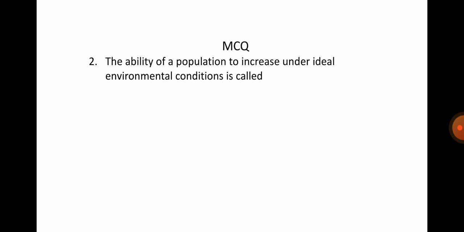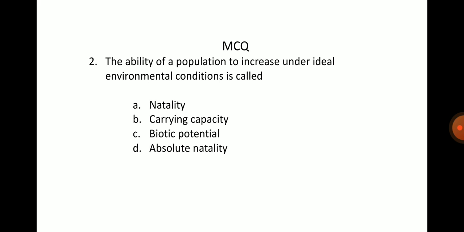Second question, the ability of a population to increase under ideal environmental conditions is called. Option A, natality, B, carrying capacity, C, biotic potential and D, absolute natality. The answer is option C, that is biotic potential.